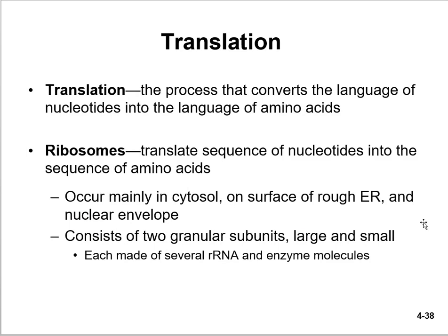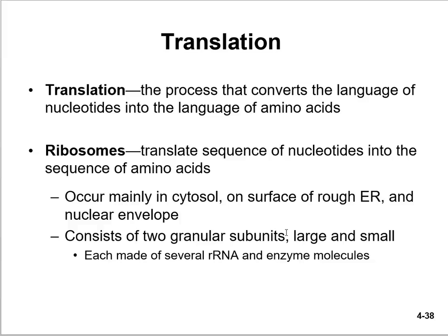Translation, then, is the process that converts that language of nucleotides into the language of amino acids. This happens at the ribosomes. Many of these occur in the cytosol. Some are on the surface of the rough ER, and some are just on the surface of the nuclear envelope.